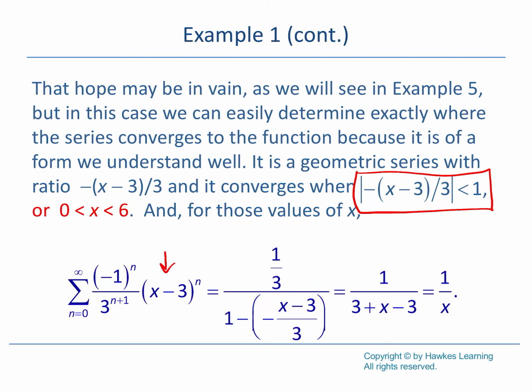As long as x is in between 6 and 0, that keeps this part in between 3 and negative 3, which, combined with this 3 on the bottom, makes sure that the entire geometric series has an absolute value of less than 1 for each of its terms. That means it's going to converge. We're able to use this geometric series formula to show that, yes, indeed, this thing does converge to 1 over x on that specific interval from 0 to 6.